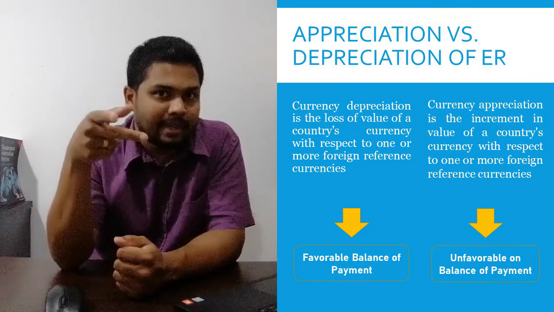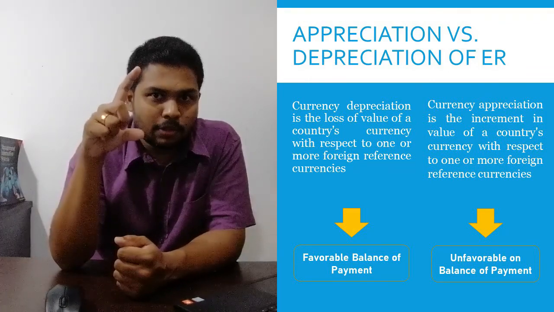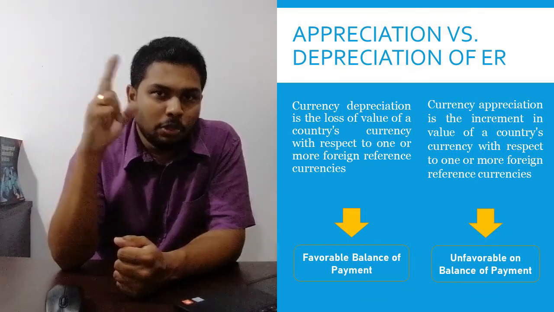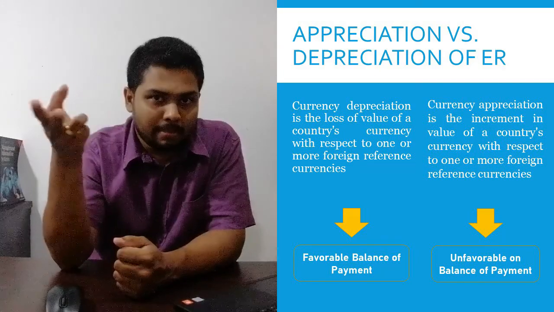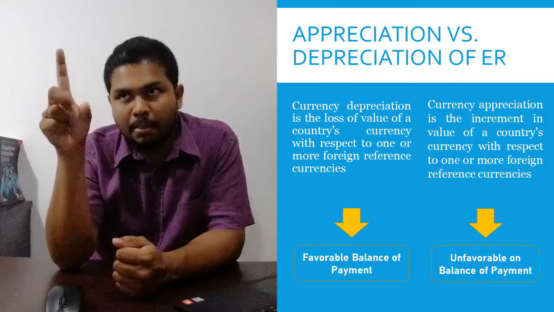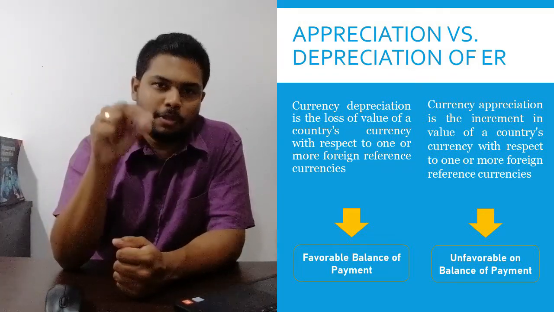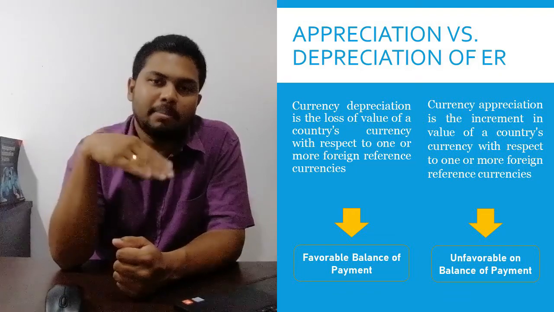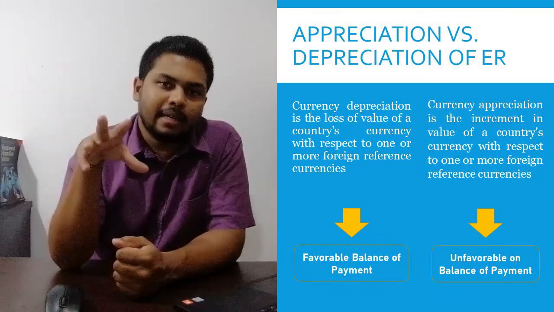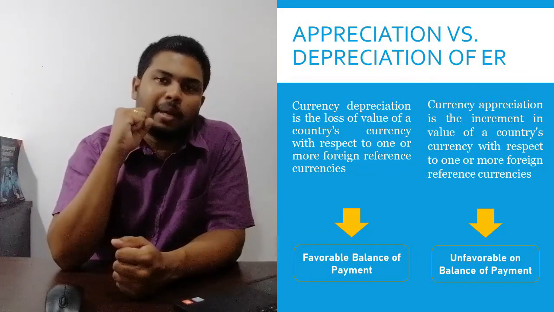When it comes to the other side, an appreciation: if a Sri Lankan 1,000 rupees can buy seven numbers of that particular good, you will definitely buy those seven. In that case, you will import more than you export. That is unfavorable to the balance of payments.